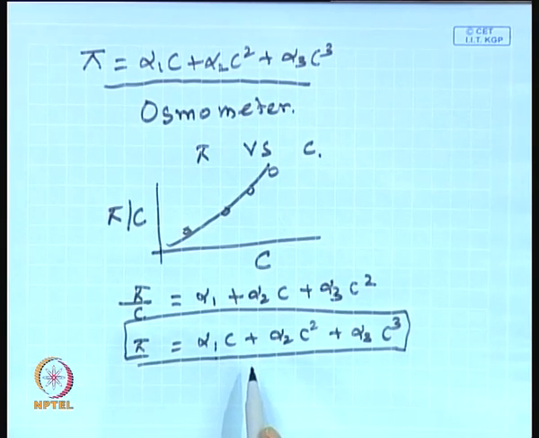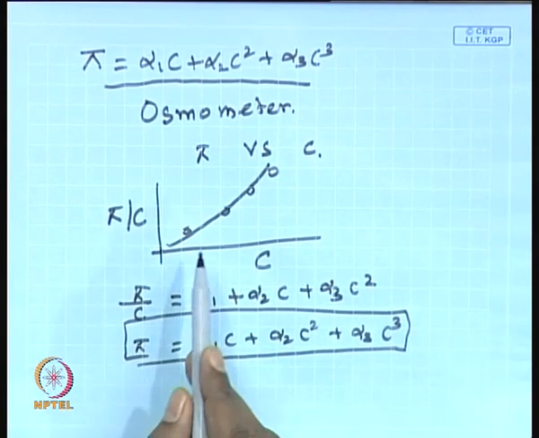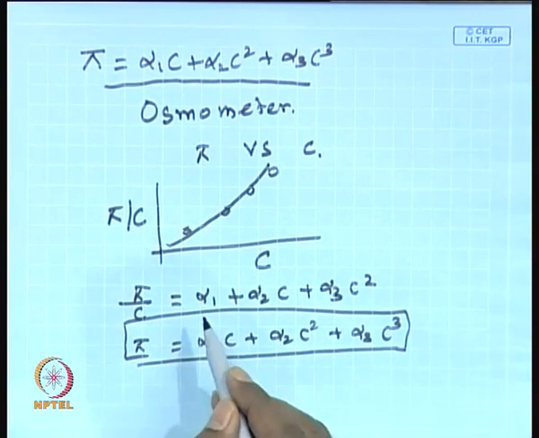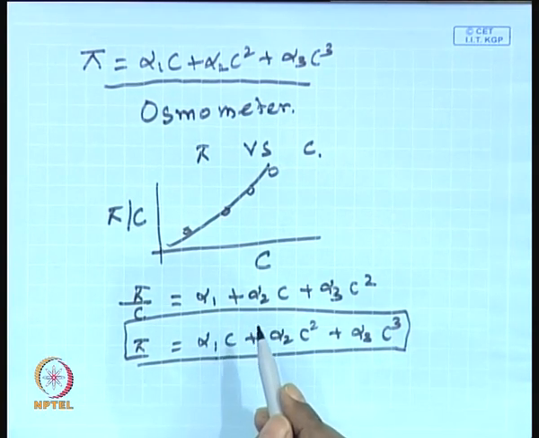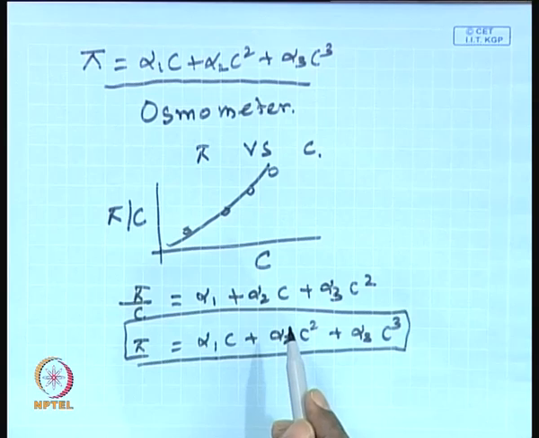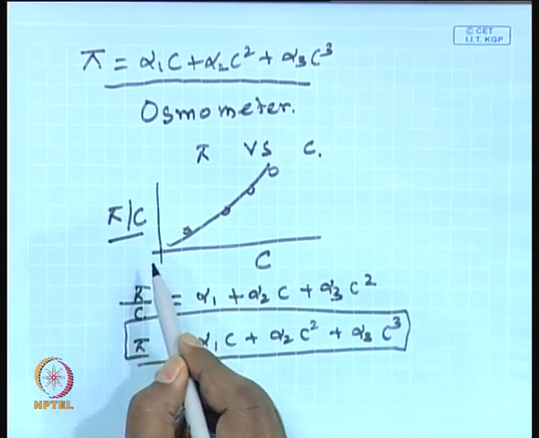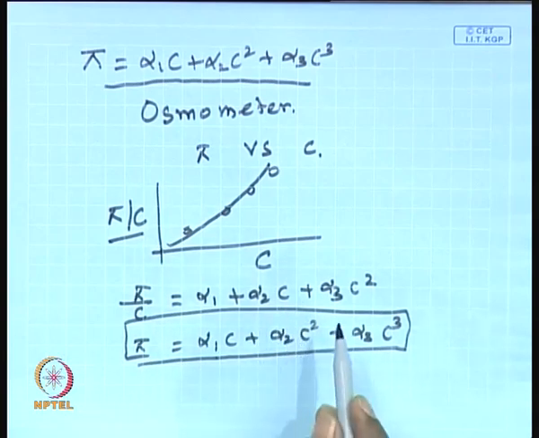What does that physically mean? It signifies that if we have pure water or pure solvent, the osmotic pressure is 0. If you plot pi versus C from the experimental measurement, you will have some residual osmotic pressure at C equal to 0, which goes against the physical principle. So, in order to corroborate the physical principle, the experimental results are converted into pi by C versus C in order to have 0 osmotic pressure for pure solvent.